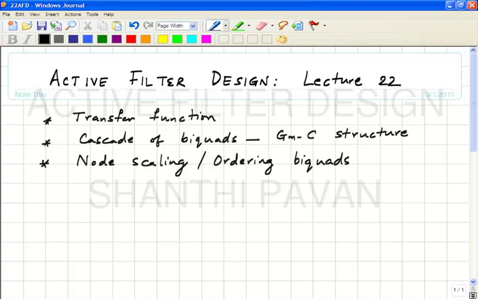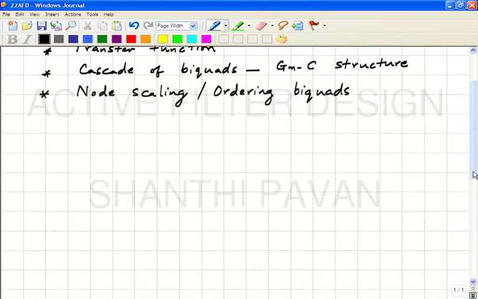So the question is, can you find a GMC realization for a general high order ladder structure? Let us see what we can do there.